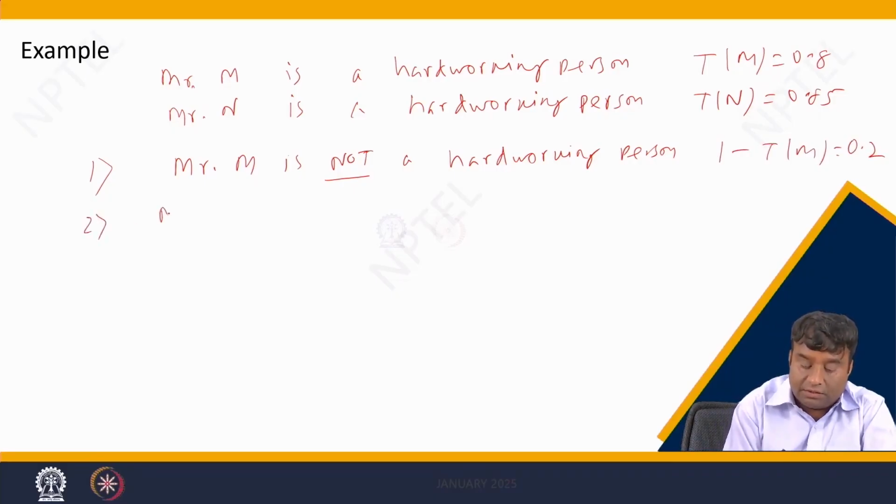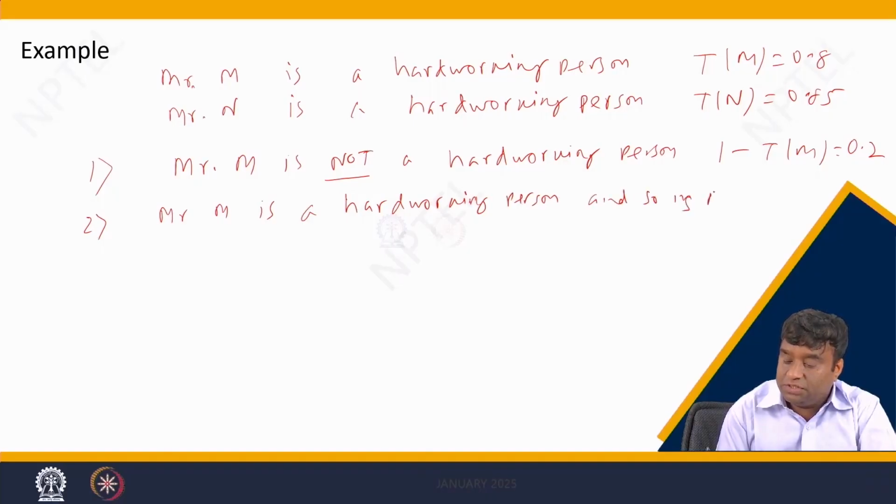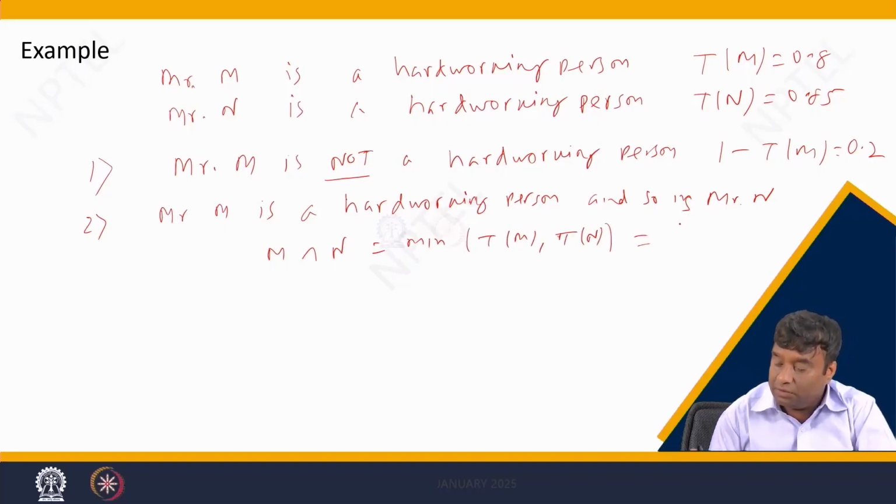Next, Mr. M is a hardworking person, and so is Mr. N. So that is basically M intersection N, which is the minimum of Tm and Tn.